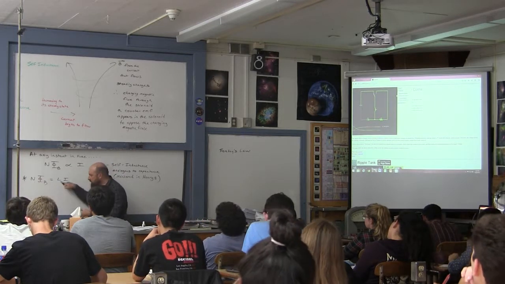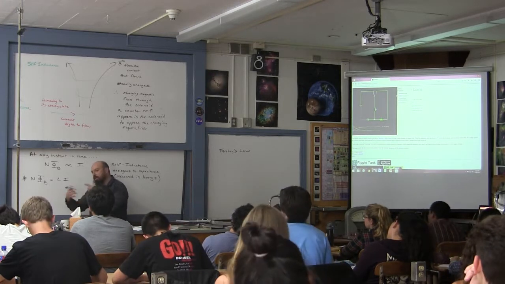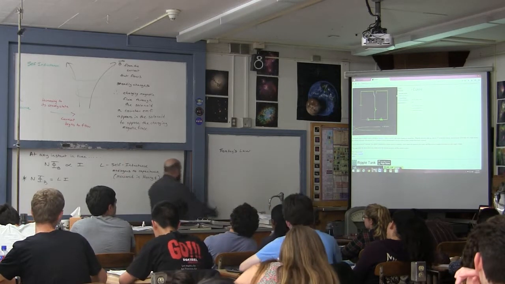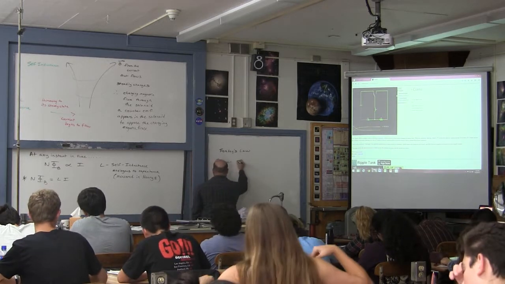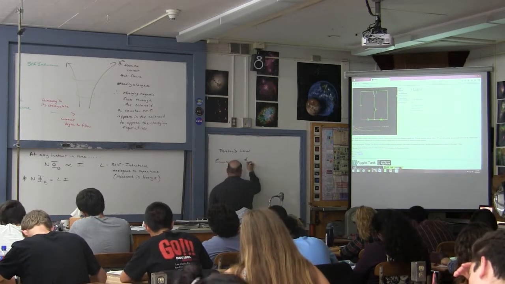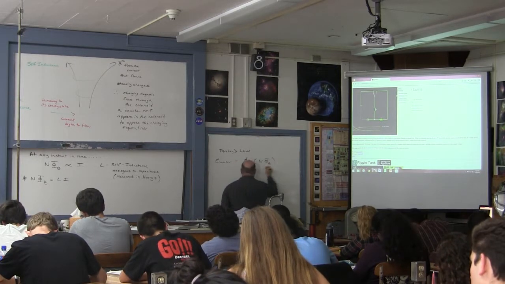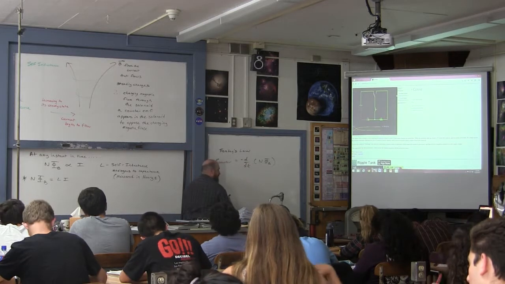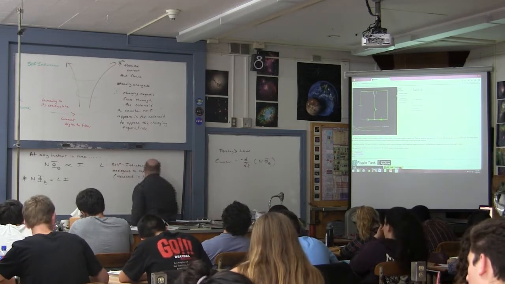So just differentiate both sides of this expression to get an expression for the counter EMF. The counter EMF is equal to the following: negative d/dt of N phi sub B, negative for the opposite direction. But N phi sub B is now L times I. It looks like this.